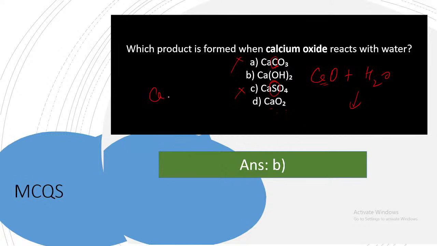The calcium oxide formula is CaO, right? Calcium is 2 plus, oxygen is 2 minus, so they balance. So this also cannot be. Logically, this is the correct option: calcium oxide reacts with water to form calcium hydroxide. I hope I am clear.